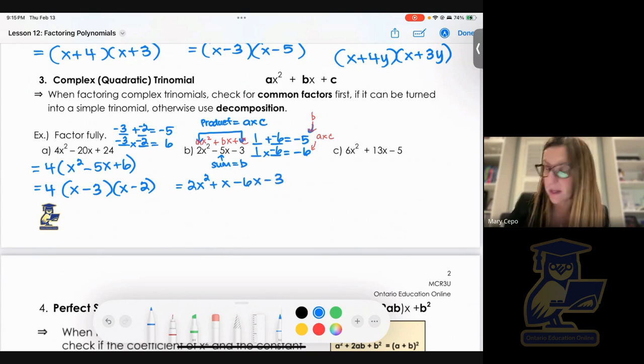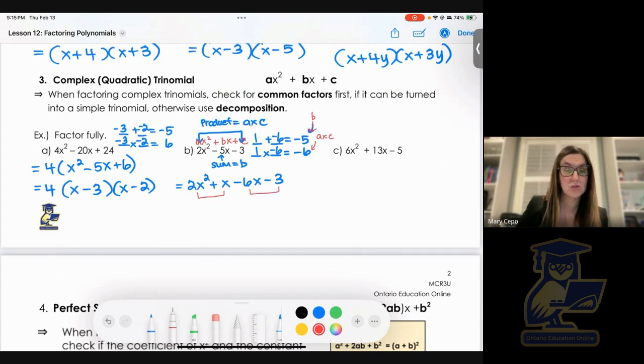Now keep in mind, I did not change the question. I just broke down that middle term into the two terms we came up with that satisfied the sum and the product. If you took positive x minus 6x, you will get -5x. But by breaking down that middle term, so decomposing it, we've created a situation where we can group the first two terms and group the second two terms to come up with a common factor.